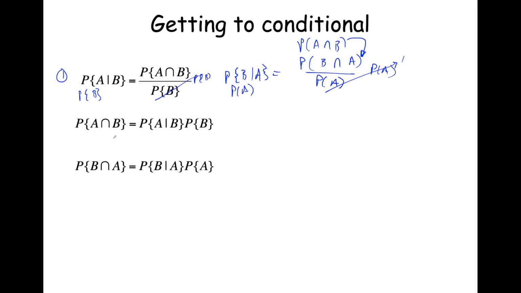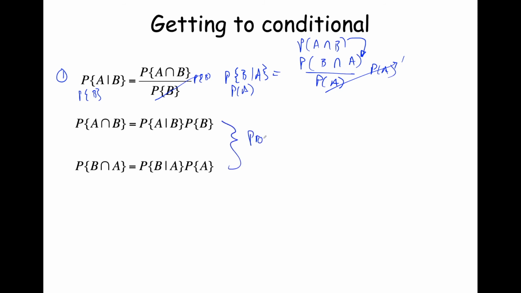Now these two expressions are alternate expressions for the same quantity, probability of A and B, which is the same as probability of B and A, right? So in the first case, we have one expansion in terms of the condition of A given B times probability of B, and we have B given A times probability of A. And so these two definitions have a name.